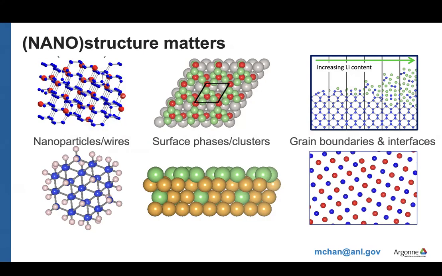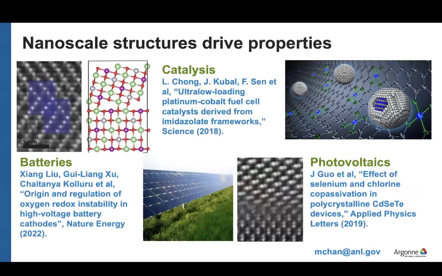More broadly, nanoscale structures play a big role in many problems. These include explicit nanostructures like nanoparticles and nanowires, but also surfaces, interfaces, and grain boundaries. Those are all very critical in any kind of device performance, especially in electronics. And so that's something that we focus on as well.